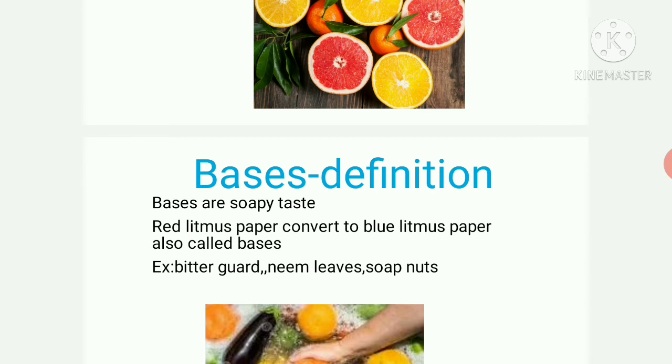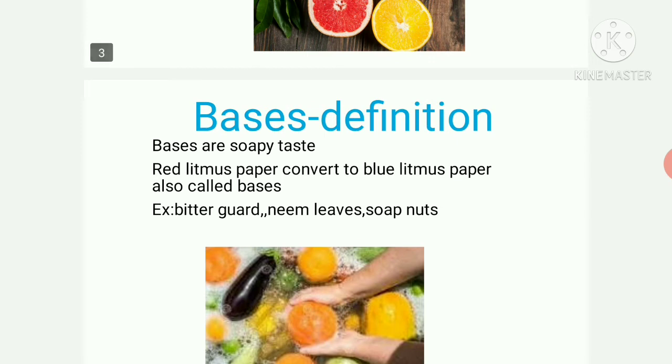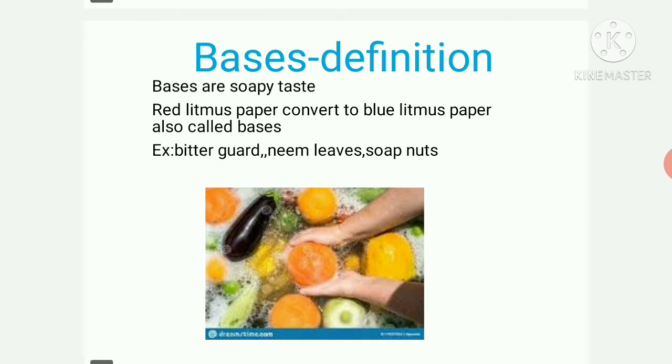Bases have a soapy taste, or convert red litmus paper to blue litmus paper. Examples of bases are bitter gourd, neem leaves, soap nuts, etc.